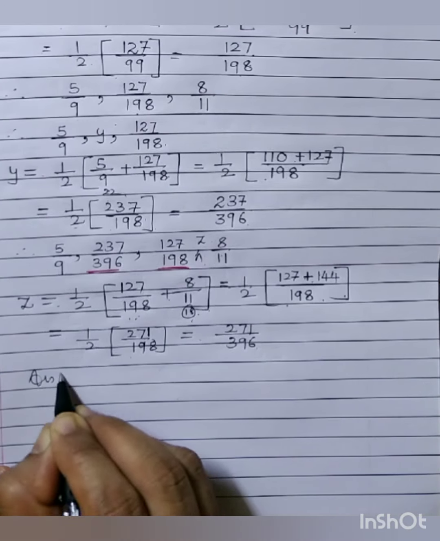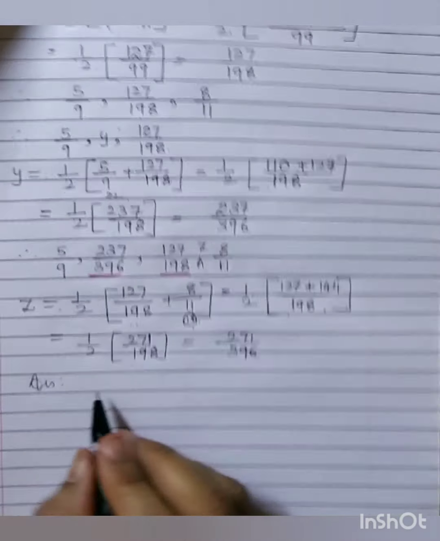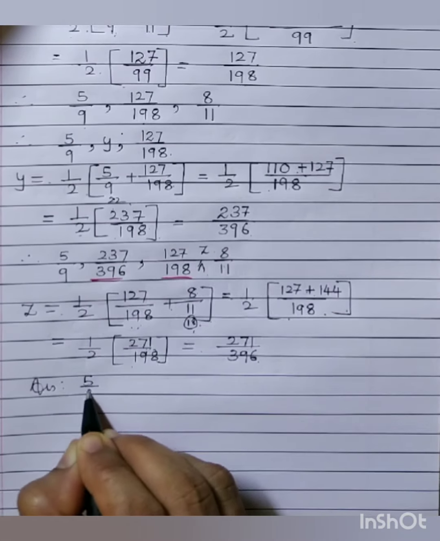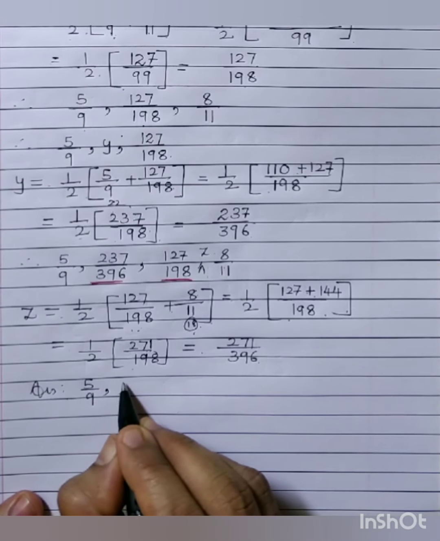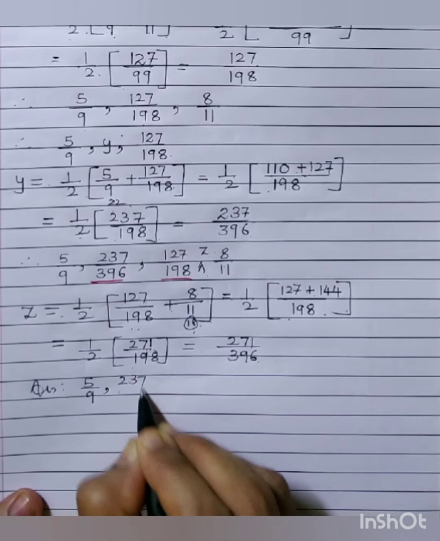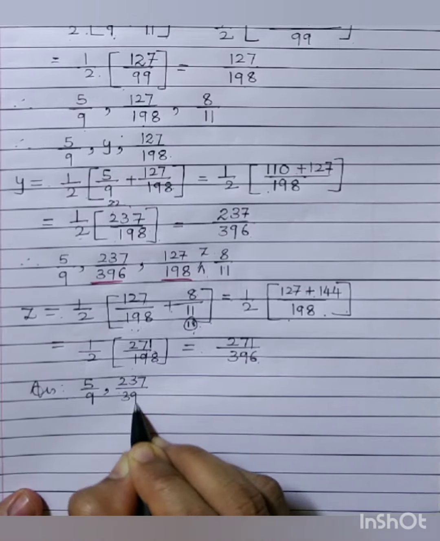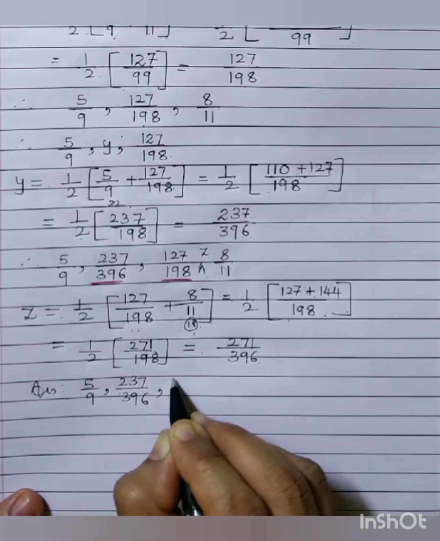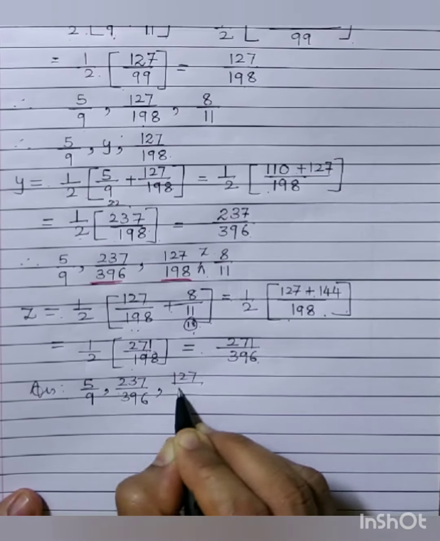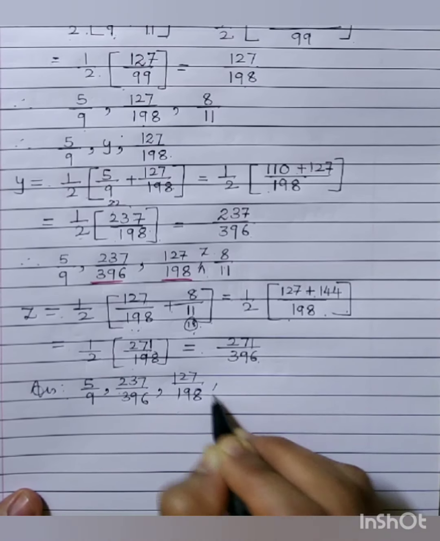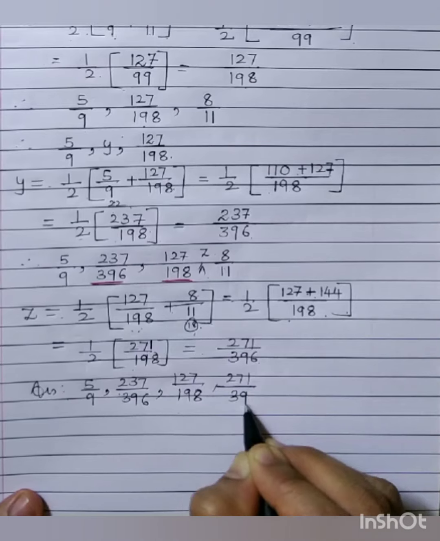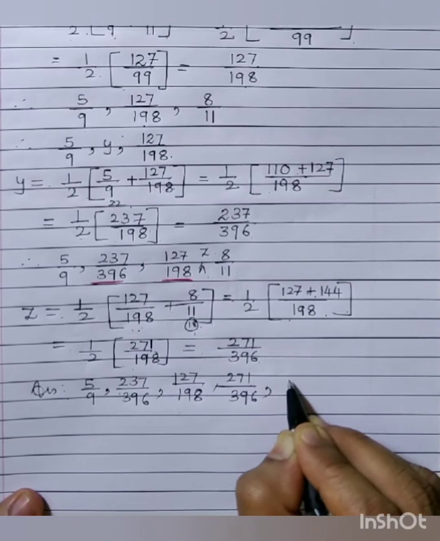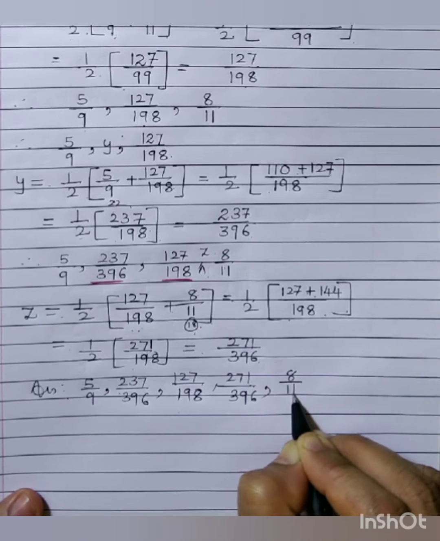So what is your final answer over here? 5 upon 9. Then you have introduced 237 upon 396. Then you have 127 upon 198, 271 upon 396. And last 8 upon 11.